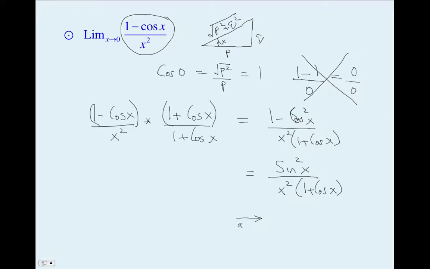And so as x tends to 0, this is going to get closer and closer to x squared divided by x squared into 1 plus cosine of something that's very, very close to 0. So that's 2. And so the result is 1 over 2.